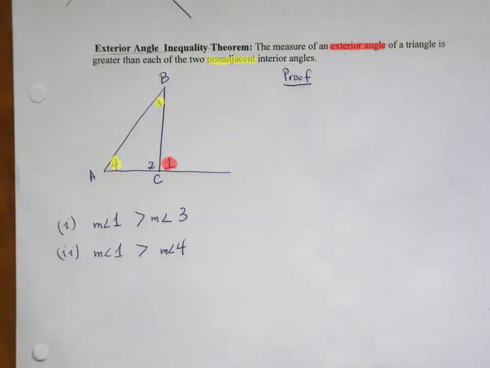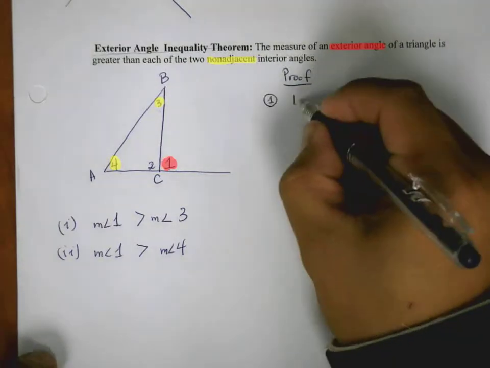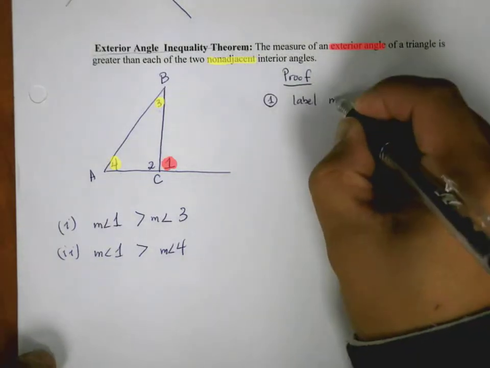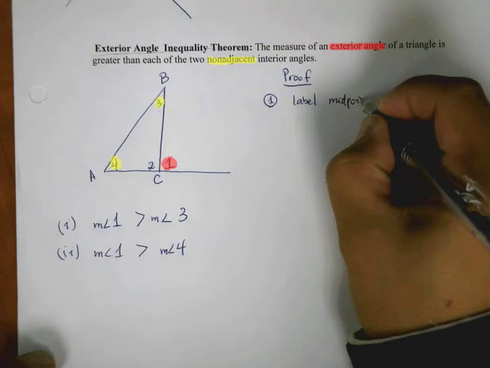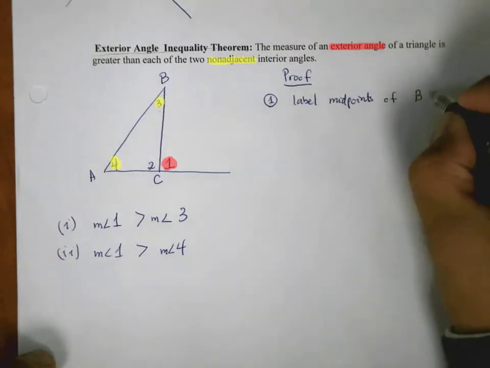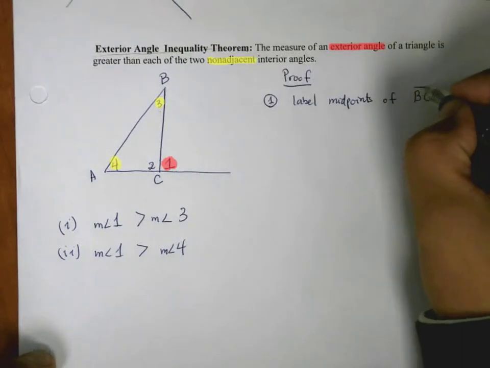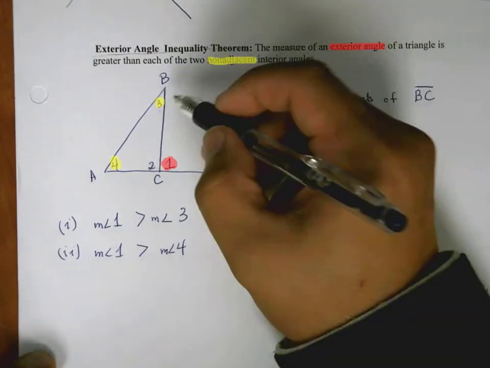Okay, so the first thing that I'm going to do here is label the midpoint of BC. This line segment BC has got to have a midpoint somewhere.